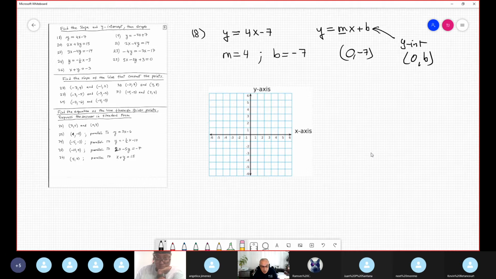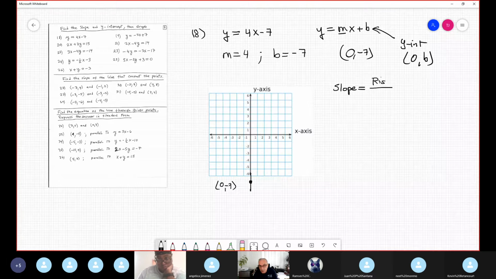I need to extend this axis a little bit. This is the point (0, -7). Now, using the idea for the slope, remember slope m is a ratio between two quantities, rise and run.